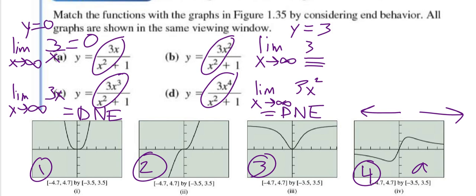I know. How about letter B? Which one has a horizontal asymptote at y equals 3? The third one. Yes, there's that y equals 3. You can see that coming right through the graph right in there. Okay.